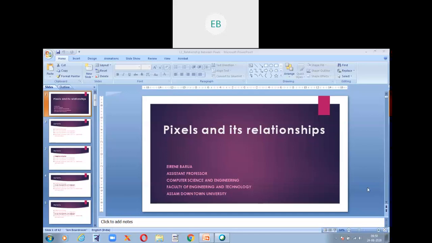In general terms, a pixel is the smallest unit of an image, right? When we talk about pixels of a colored image, we say that it consists of red, green and blue values, right?